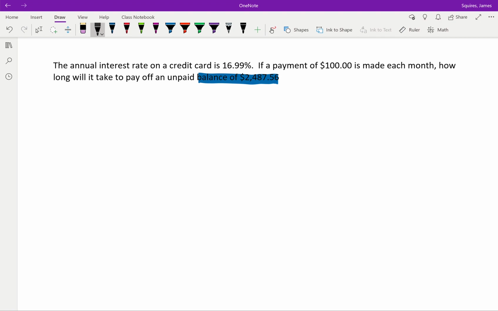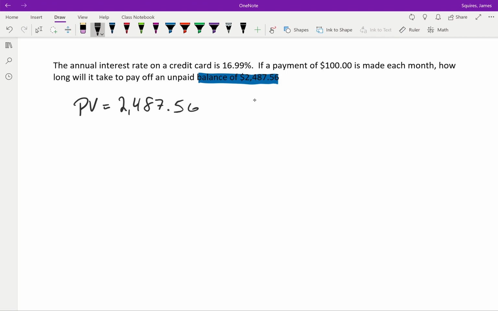receiving $2,487.56 today. So in this case, our present value equals a positive $2,487.56.